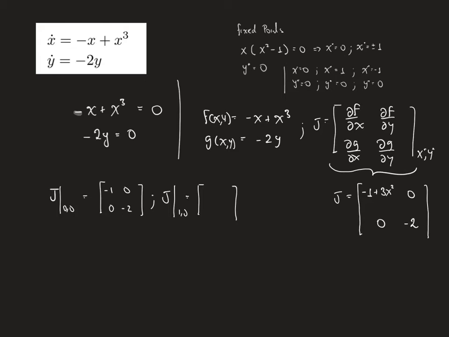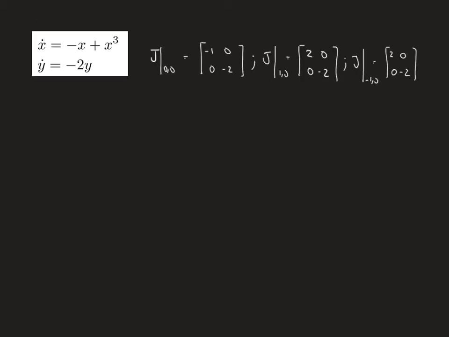Minus 1 plus 3 is equal to 2. 0, 0, minus 2. And the Jacobian at minus 1, 0 is equal to what? Again, the same thing. So this is what we have now. We have 3 values of the Jacobian, and each Jacobian matrix is associated with one fixed point.